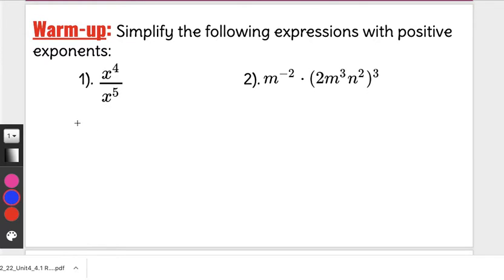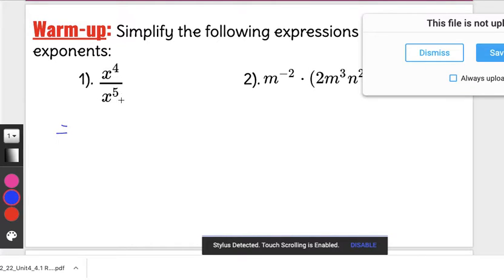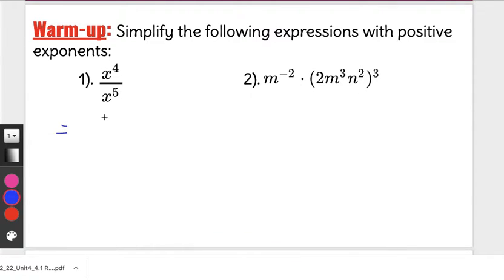So let's check the first one. The first one is x to the fourth power divided by x to the fifth power. We know when we divide powers with the same base, we subtract exponents. So 4 minus 5 is going to be negative 1. But we need to have positive exponents, so we're going to convert it to 1 over x.